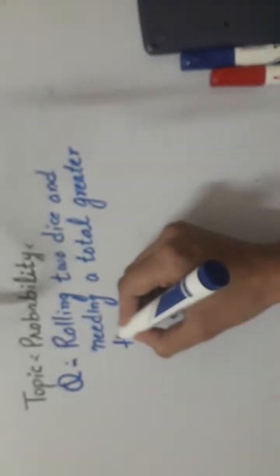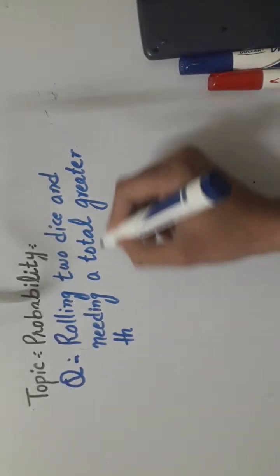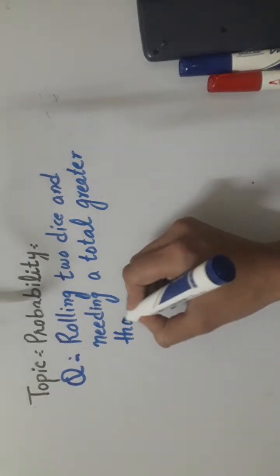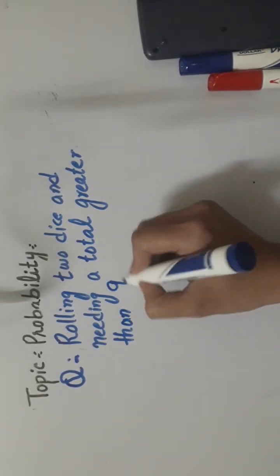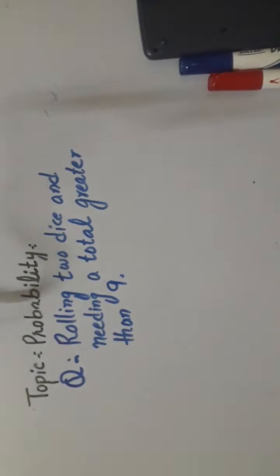So 2 dice are used and we need a total greater than 9. Now how can we solve this? Greater than 9 means that their total sum will be greater than 9.